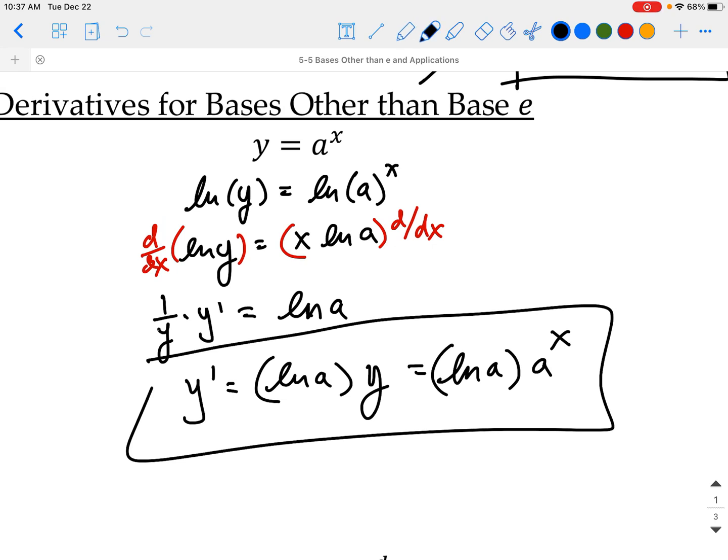In other words, if we have base e, obviously that's going to be 1. And so this is really just some constant of proportionality, which in this case is exactly the natural log of our base. So that's really kind of nice. So natural log of a times a to the x.